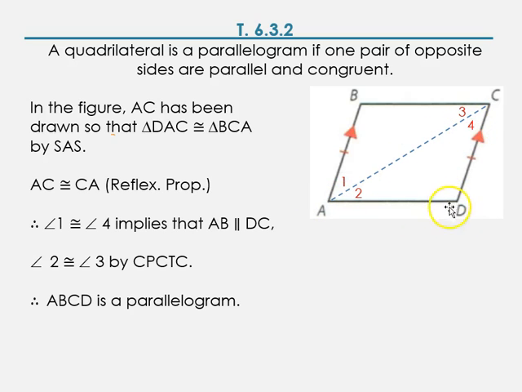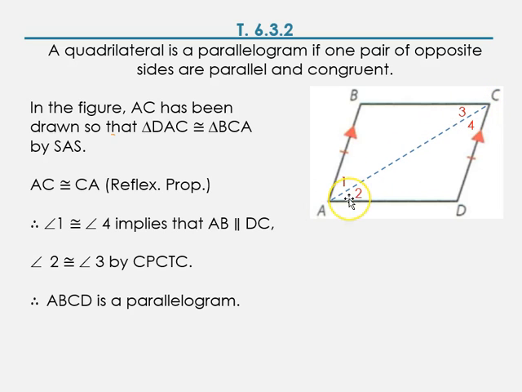They're using DC, angle 4, and the shared side of AC to prove that both triangles are congruent. In this triangle, they're using side AB, angle 1, and the shared side.